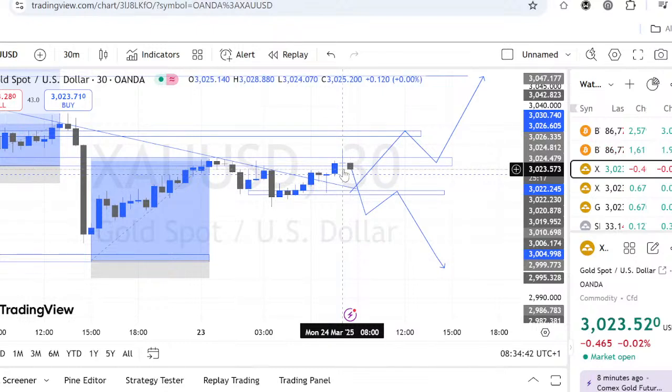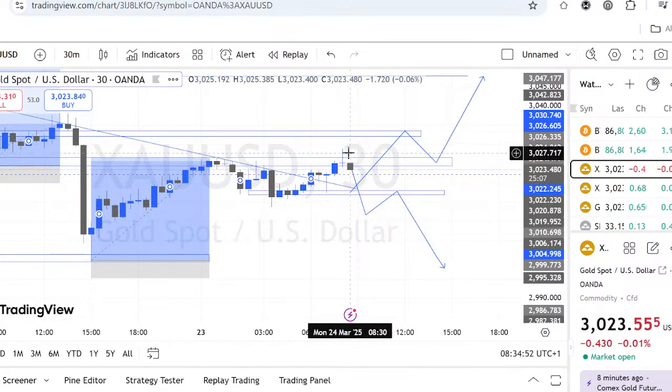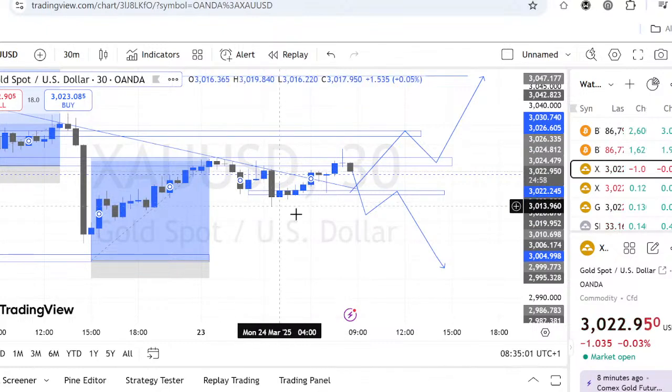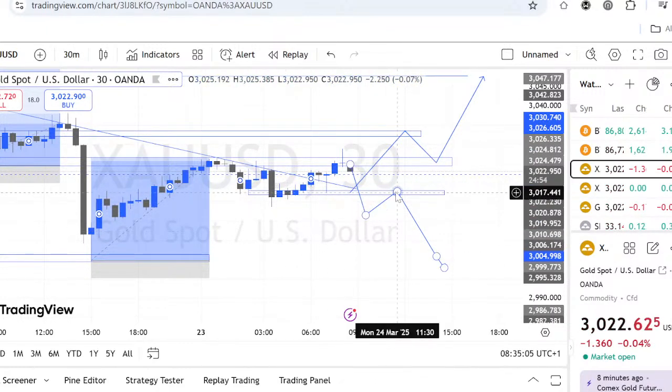This is a doji, and we have a double top here, and of course we had a fake breakout here because it's not a full body breakout. So possibly we might see the market falling down here, breakout, take out this liquidity, and then retest, and then we fall down. That's when I'm gonna drop a setup for sell.